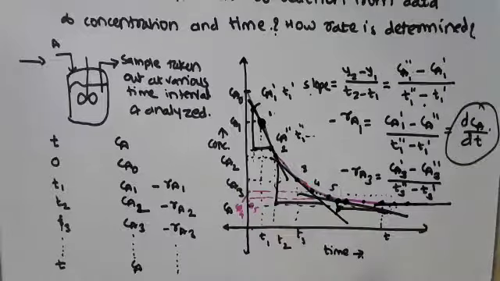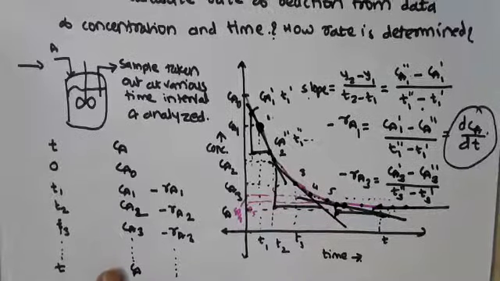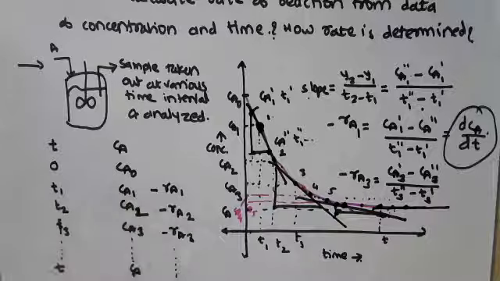If it does not get consumed, then there will not be any change in concentration of reactant with respect to time, and therefore the rate will be 0. So I hope in today's discussion you have seen how the rate of reaction is determined by using the experimental data of concentration versus time.